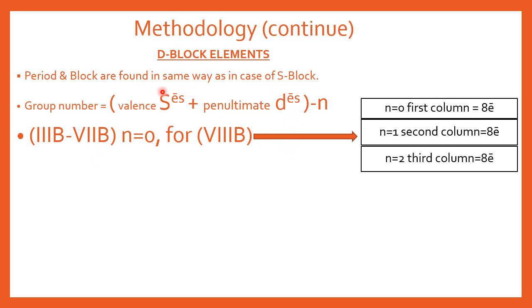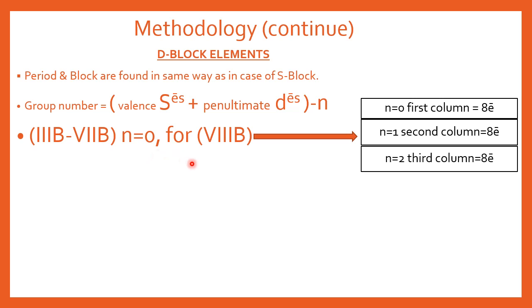By adding the valence s electrons plus penultimate d electrons in the case of group 8B, if you subtract 0 or subtract nothing and you find a total of 8 electrons, it means the element belongs to the first column of group 8B. But if you add valence s electrons and penultimate d electrons and subtract 1, and then you find 8 electrons, it means it belongs to the second column of the 8th B group.